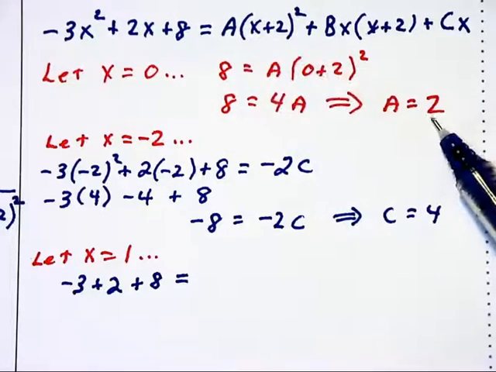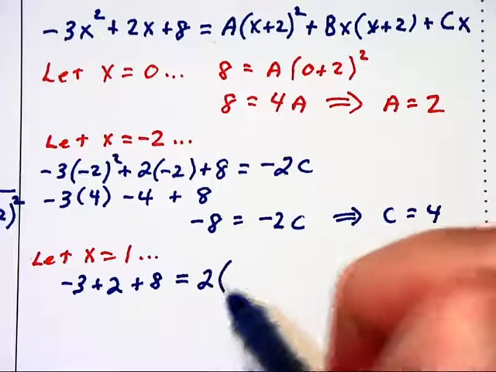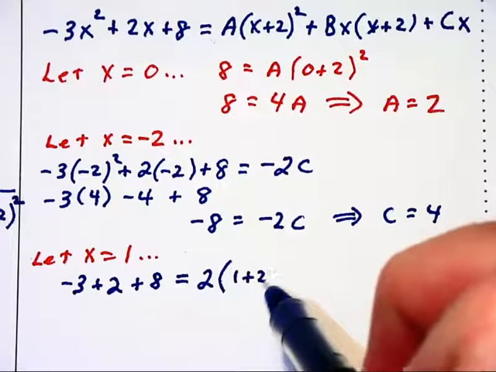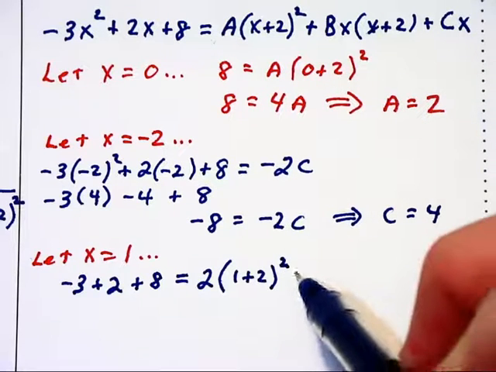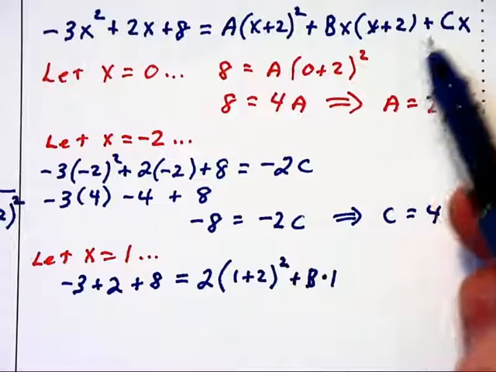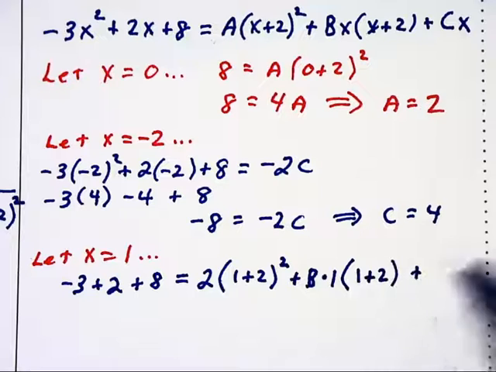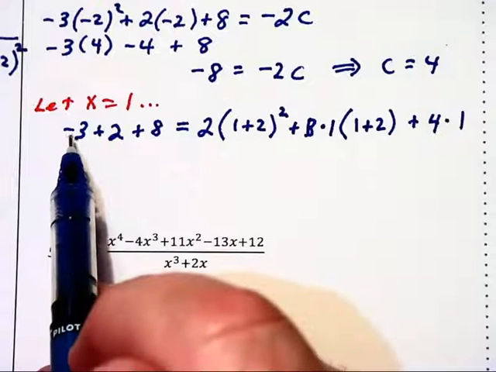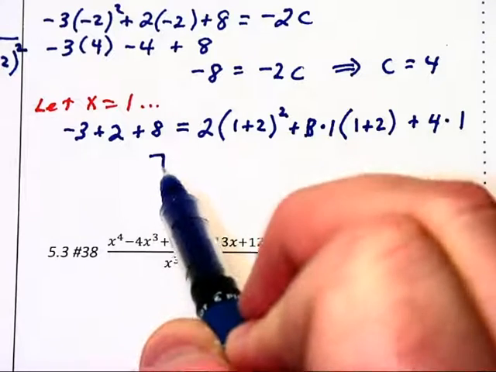Well, we know what a is, don't we? A is 2. So that will be 2 times 1 plus 2 quantity squared. Plus b we don't know, so plus b times the x, which is 1, times parentheses 1 plus 2, plus cx, well c is 4, so 4 times 1. Negative 3 plus 2, that's negative 1 plus 8, that makes 7.